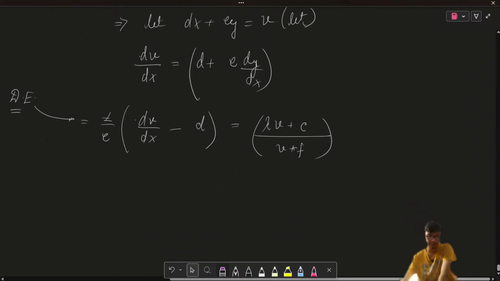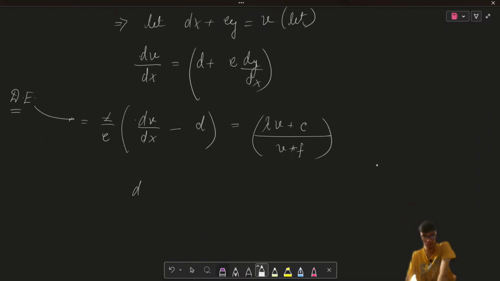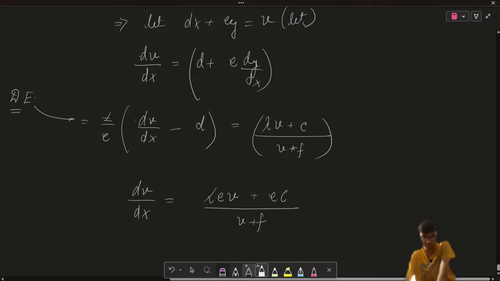So my dv upon dx will be of the form lambda ev plus ec, whole divided by v plus f, plus of d, yeah, plus of d over here.